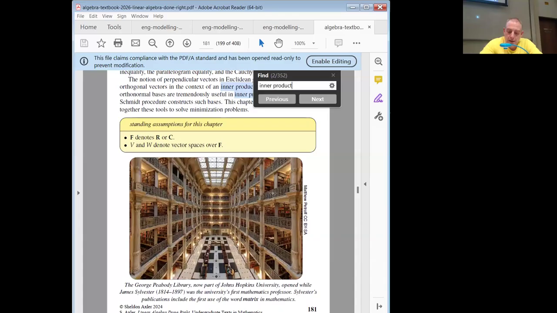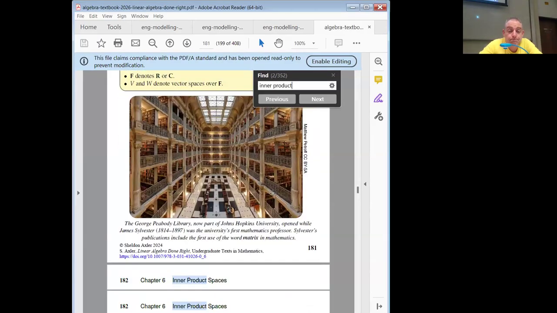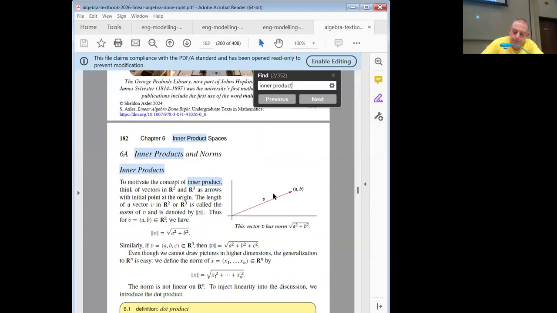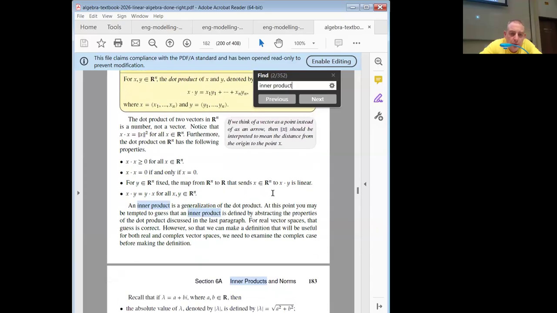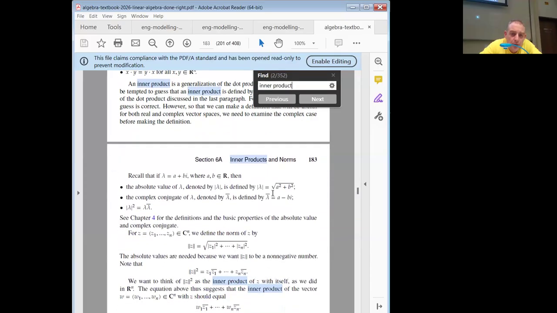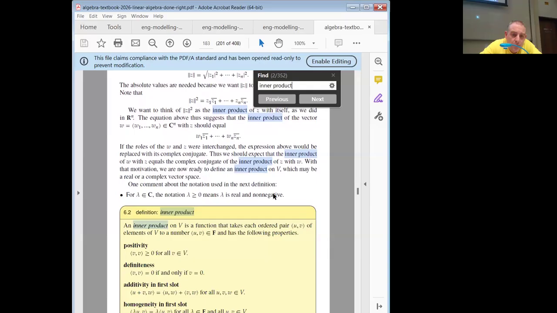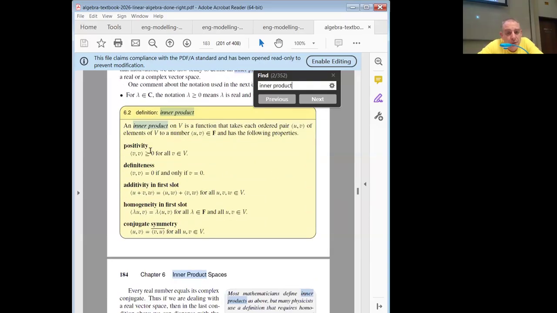Oh, F is R or C. Yeah, okay, dot product, cool. Positive, only 0 if V is 0. Additivity in the first slot, homogeneity in the first slot, and conjugate symmetry. Okay, I did that right. I put it as a star, but it can be a bar.